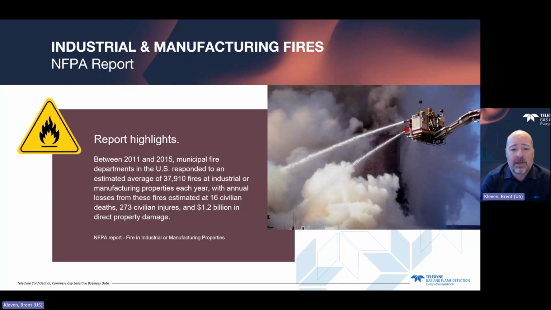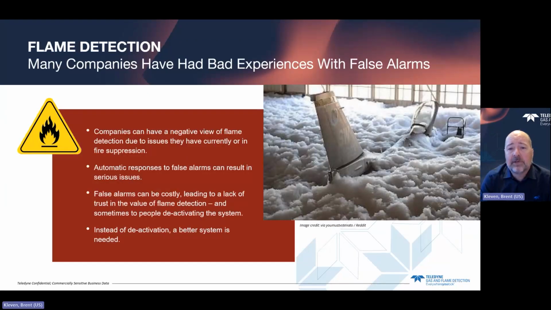And this was happening each year, 37,910 on average each year. Annual loss estimated at 16 civilian deaths, 273 civilian injuries, and 1.2 billion in direct property damages. That's catastrophic.